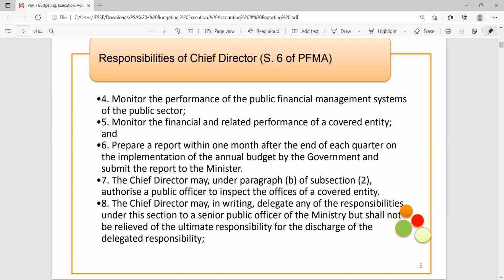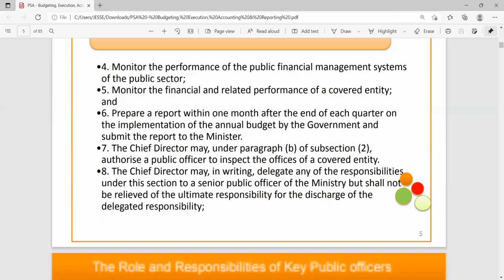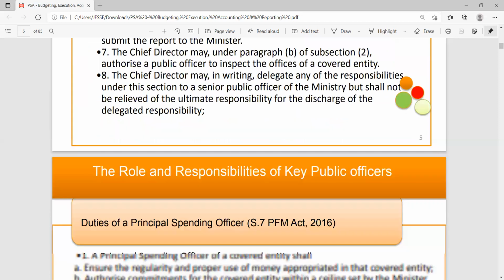They have the power to do that, but they will not be relieved of the ultimate responsibility for the discharge of that delegated responsibility. So the ultimate responsibility still lies on them, but they do have the power to delegate.